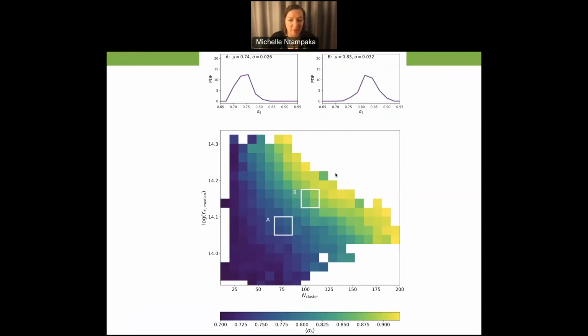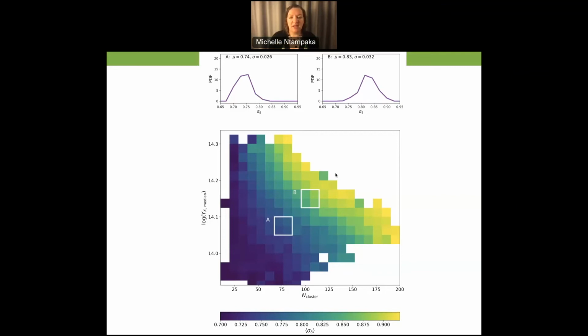Said another way, here I'm showing for my cluster samples the number of clusters on the x-axis and the median Yx on the y-axis. Yx is a mass proxy. It is observable. It correlates with the place where you're transitioning between the volume and the flux limited sample. So this is an observable way of finding that transition point.